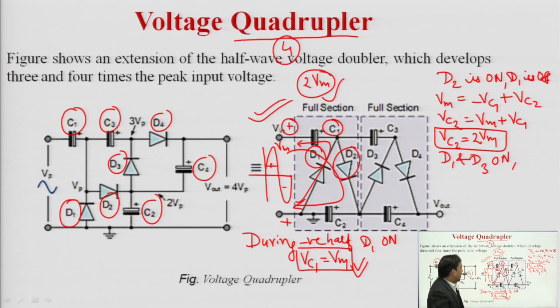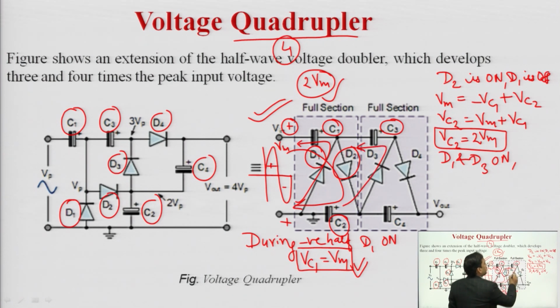Once diode D2 is off, capacitor C2 will be responsible for charging capacitor C3 in this particular direction.